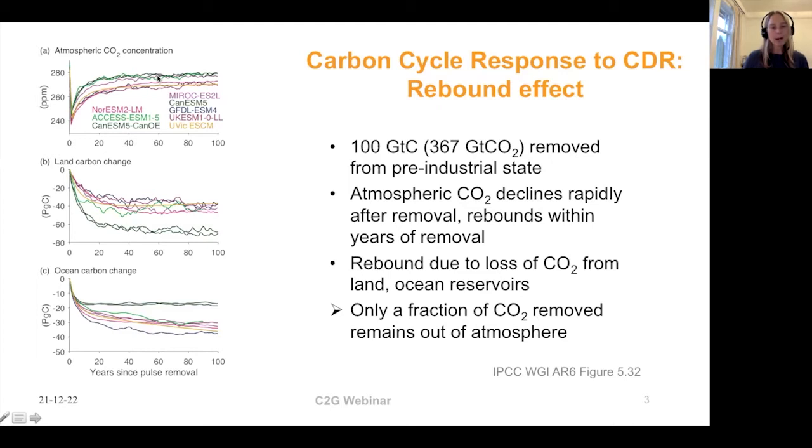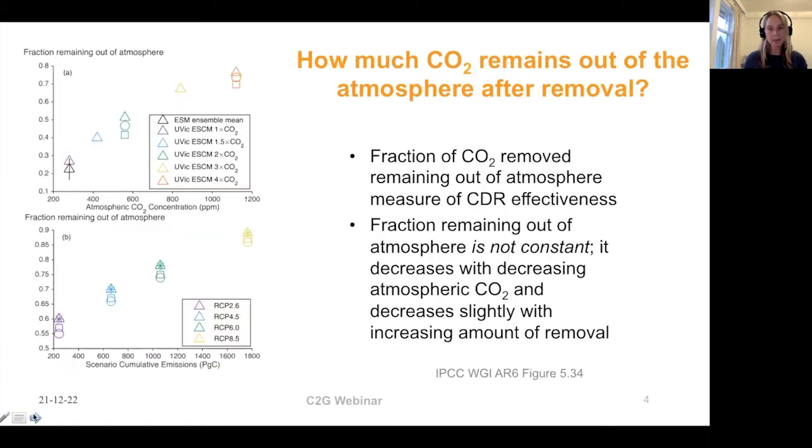And this rebound is due to loss of carbon dioxide from the land and from ocean carbon reservoirs. And this illustrates that only a fraction of the CO2 removed remains out of the atmosphere.